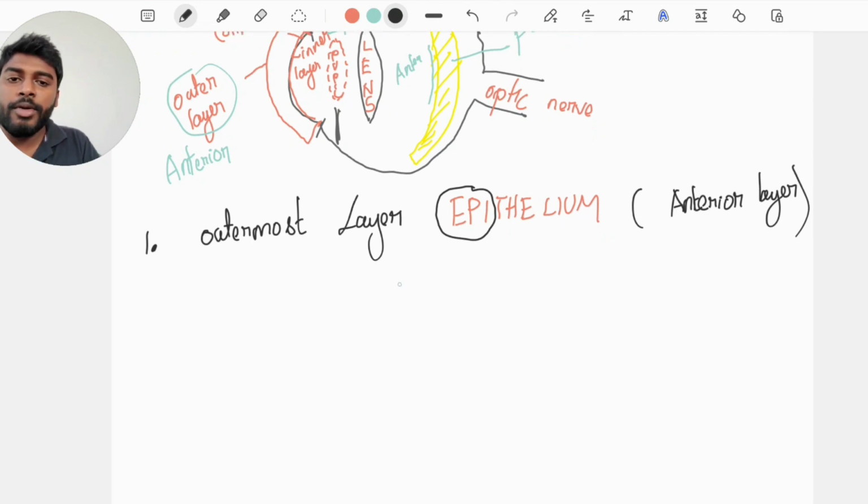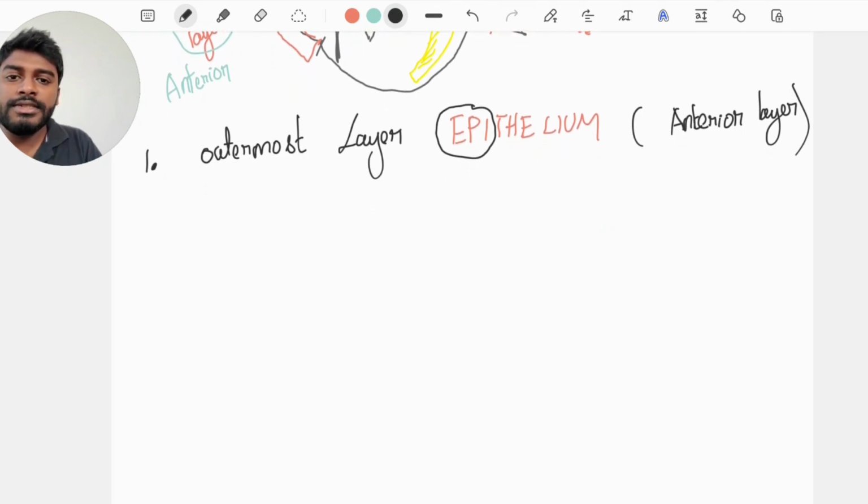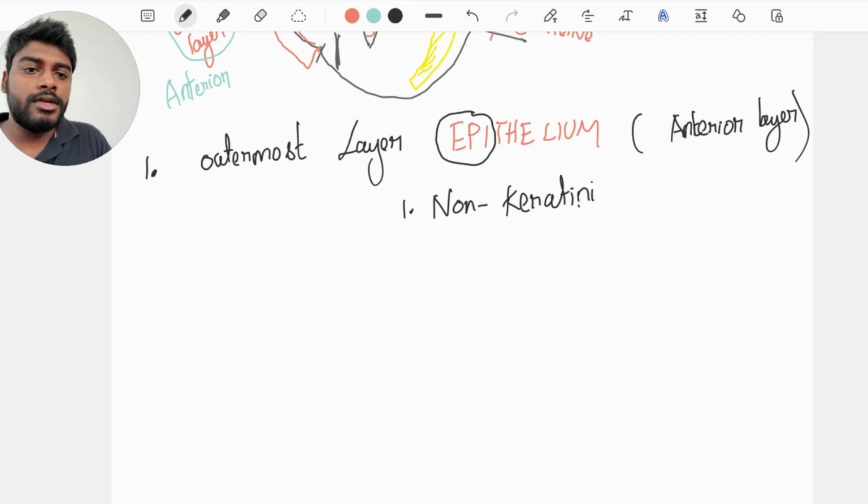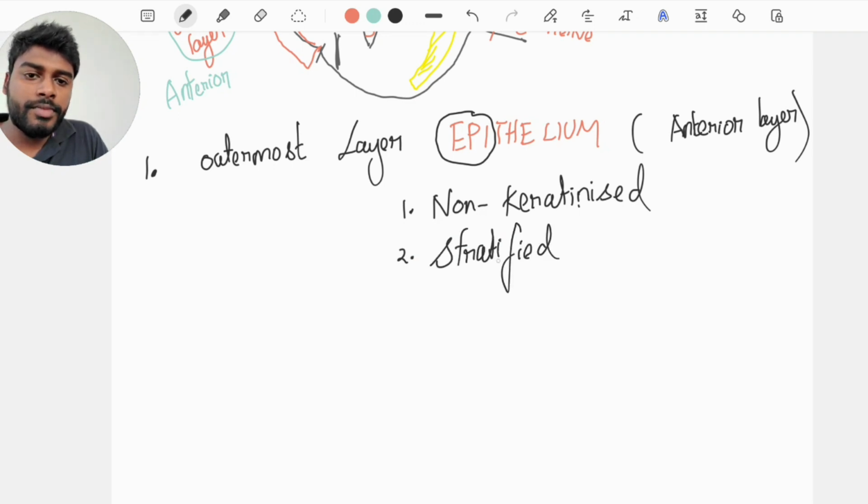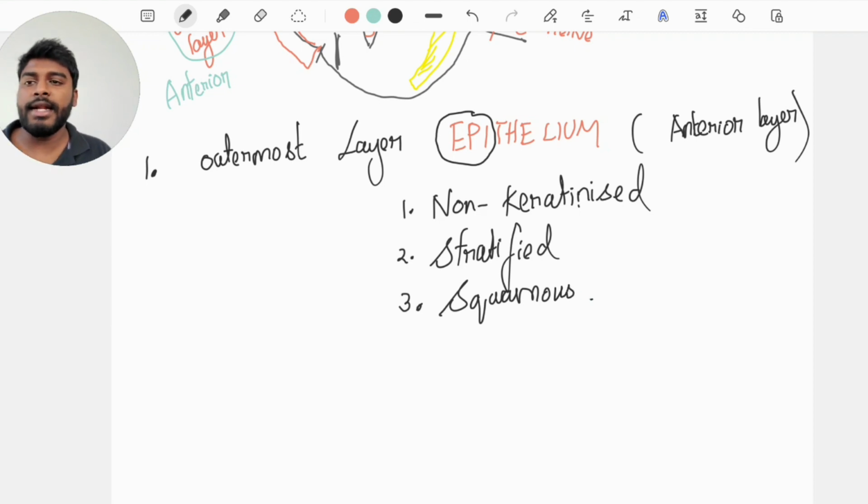Whenever we study the epithelium, we should think of these 3 points. The epithelium is non-keratinized, stratified, and squamous. Why is it non-keratinized?